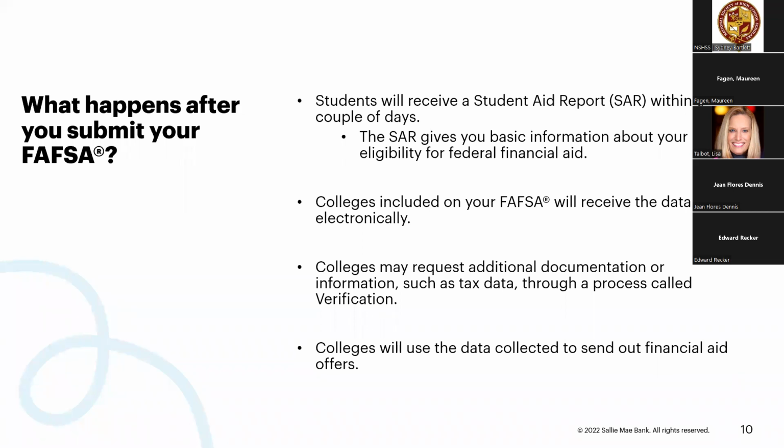And the timeline for a school to put a financial aid offer or package together varies greatly from school to school. Some schools may need additional documentation, so it's important to know what type of schools you're applying to. There are some other financial aid forms.